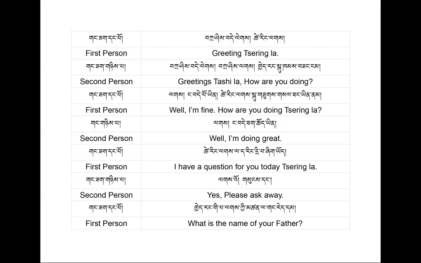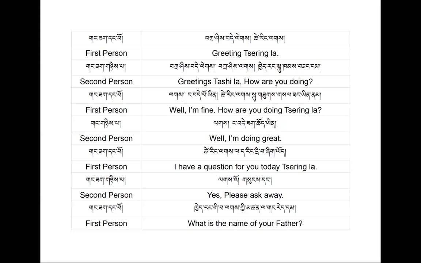Okay, so now let's begin with the lesson. So first person, Kansa Tangbo. You can pronounce it as Tsering or Tsering. So both of them are correct. You can either say Tsering or Tsering.